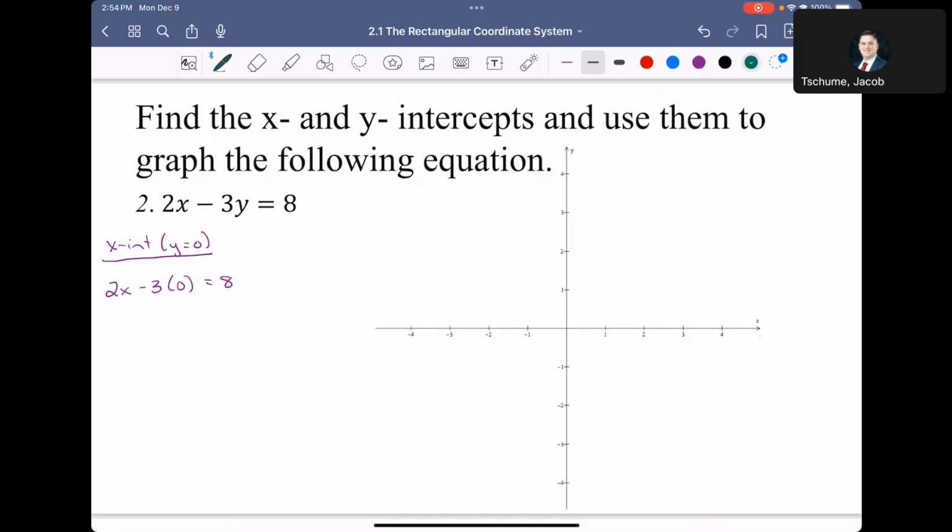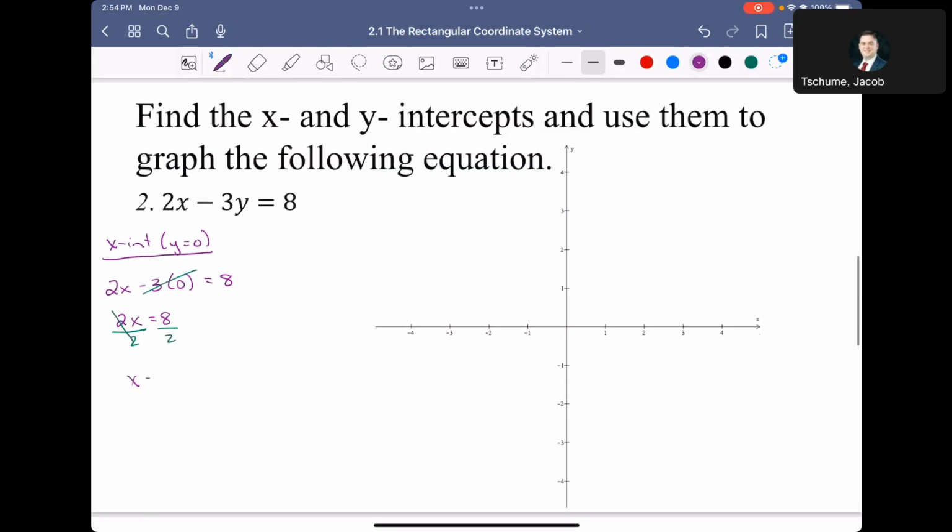Well, as we know, 3 times 0 is just 0, so that goes away. 2x will equal 8. And then we will divide both sides by 2, and you will get an x value equal to 4. And so if I go to my grid here and go to the x-axis, we know that my graph must cross the x-axis at 4, which is also known as the point 4, 0.